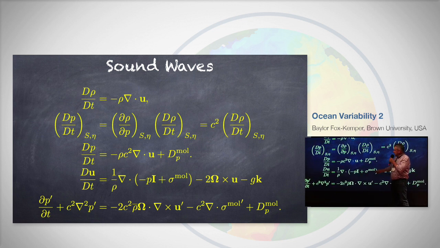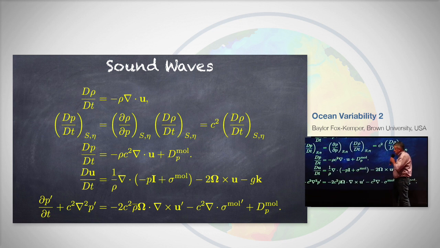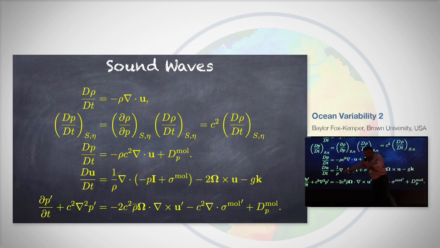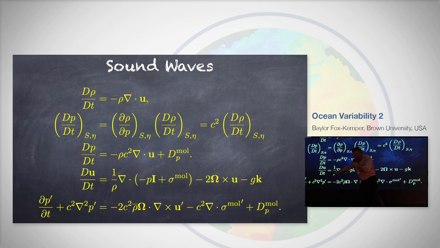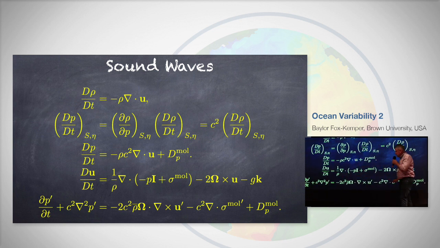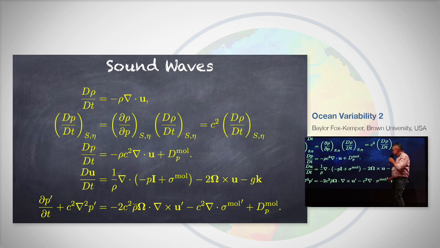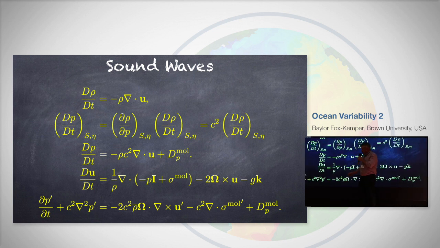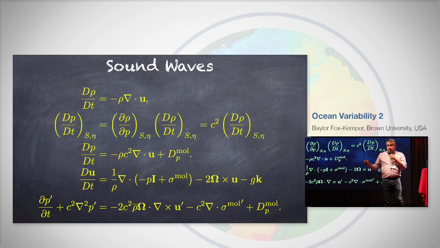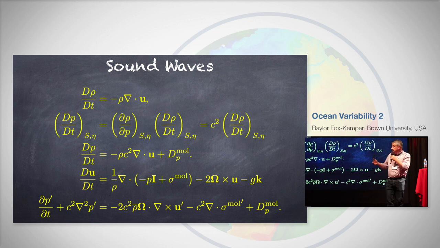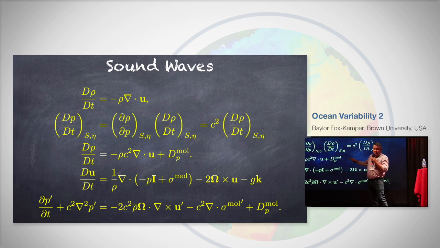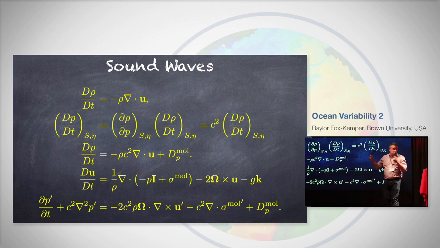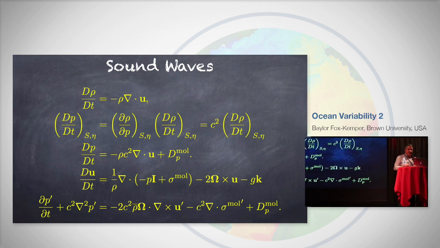You combine that with the momentum equation, and you look for a linear combination of those, and you find a pressure wave equation, which includes weird things like Coriolis force on sound waves and diffusion. So we can ignore this side of it, but that's a wave equation with a 1,400 meter per second propagation speed. So does anybody know what we do with this term to get rid of that?